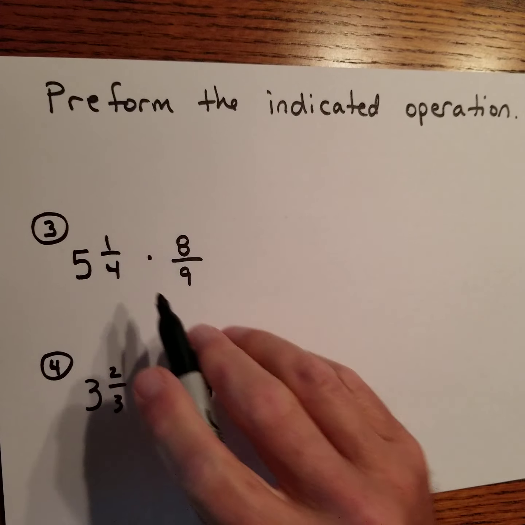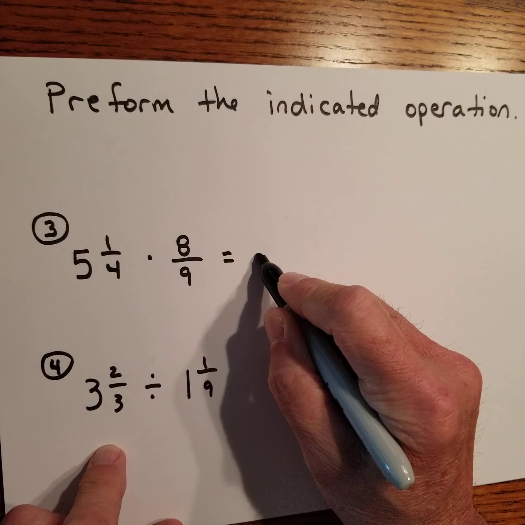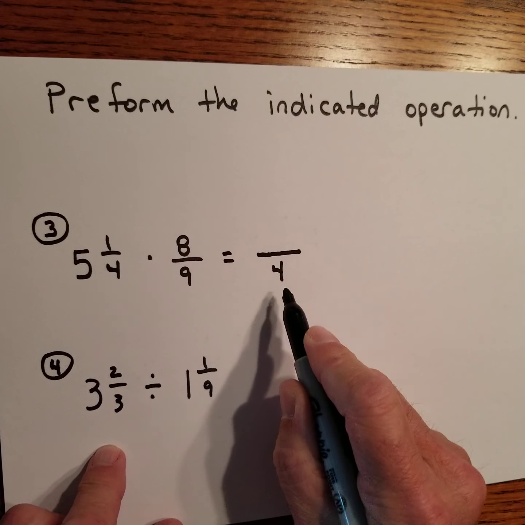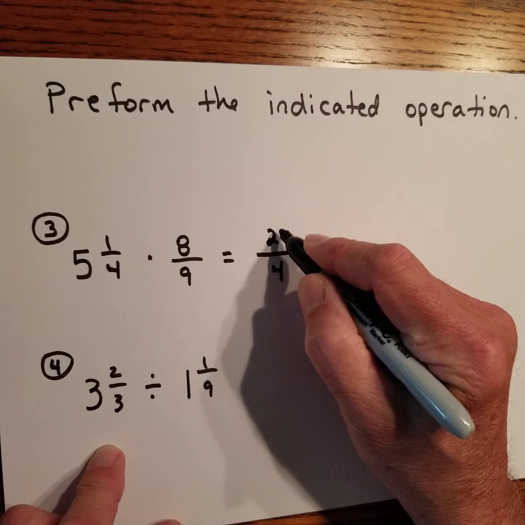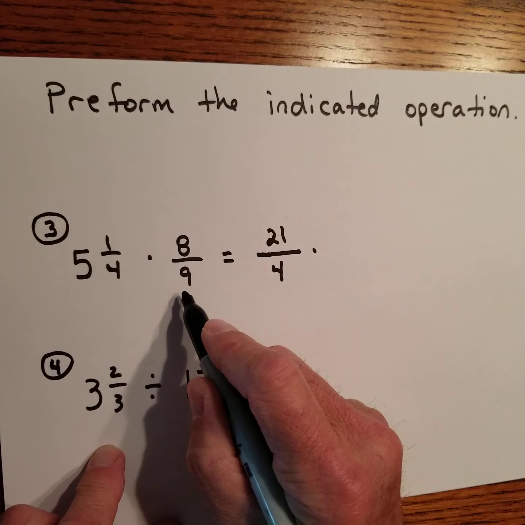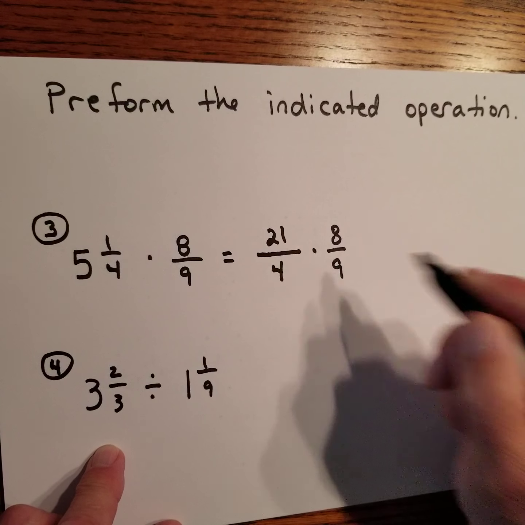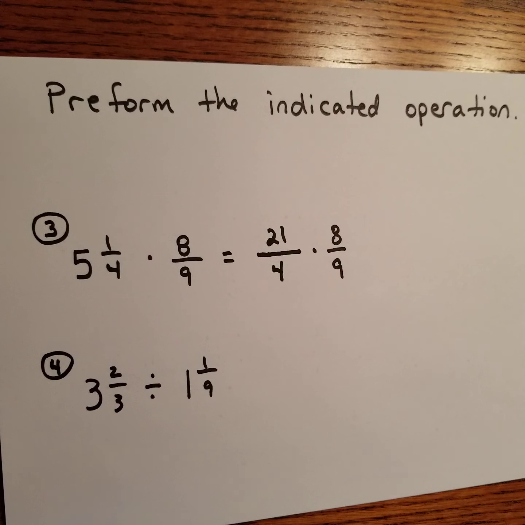For number 3, we multiply, but first change everything into improper fractions. Keep that denominator. 5 times 4 plus 1. 8/9. I'll just copy that. Now when I multiply, I do not need common denominators.